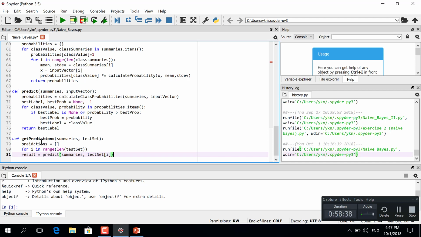So the result will not contain the training set, but only the test sets.